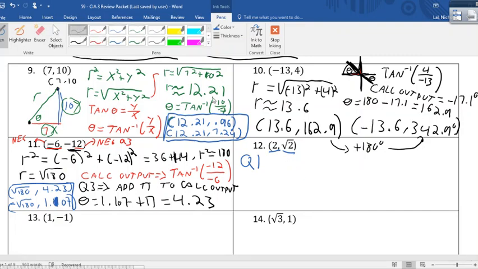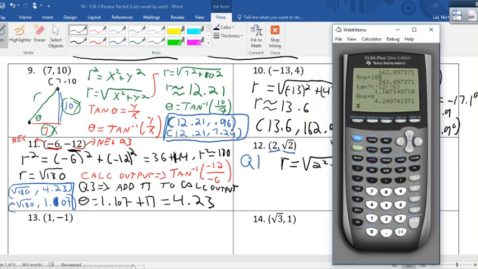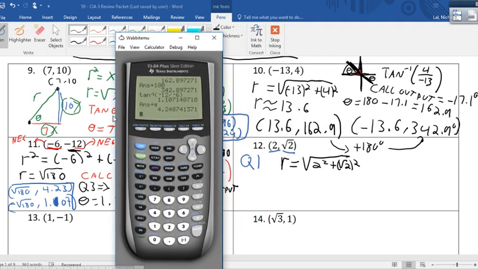So r is going to be equal to the square root of 2 squared plus root 2 squared. In our calculator, we take the square root of 2 squared plus, well, the root 2 squared is just 2.